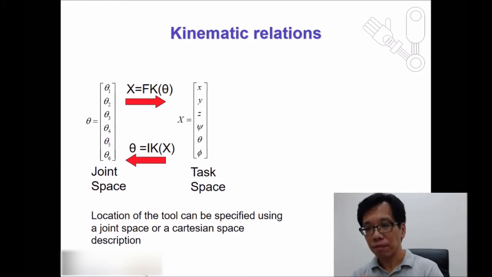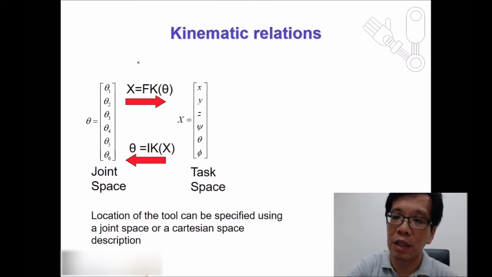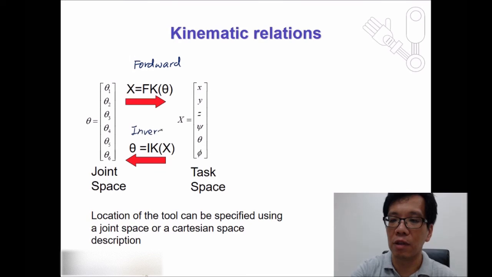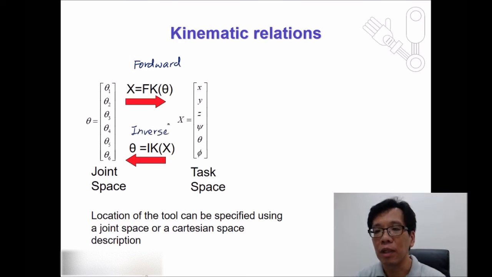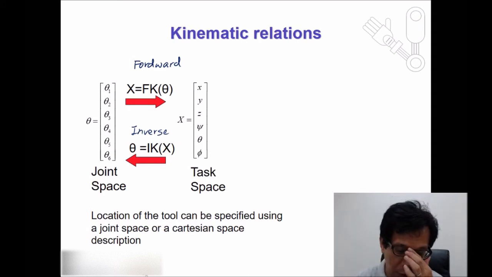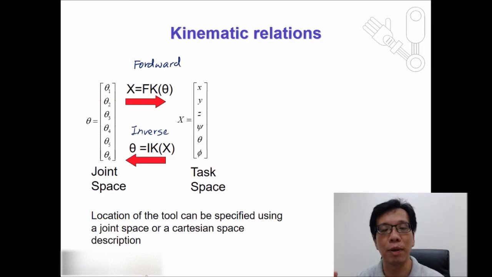So when we are doing something like this, we can actually go in 2 directions. One is forward calculation. The other one is inverse calculation. What do I mean? Because when we have a robotic system, we know we need to come up with a lot of transformation matrices. And using those transformation matrices, we can find out the position at the end of a robot based on individual parameters like theta, a, d, and alpha.